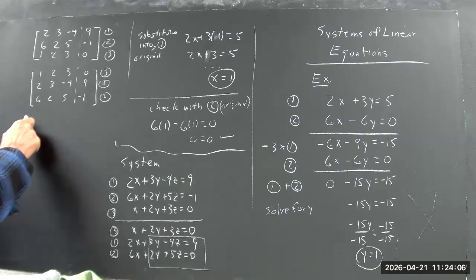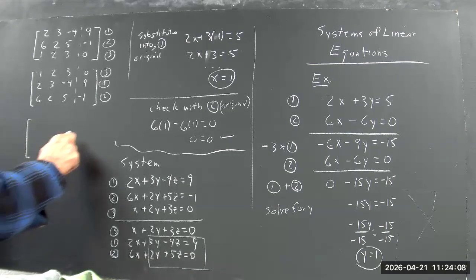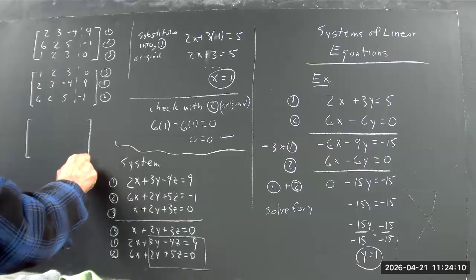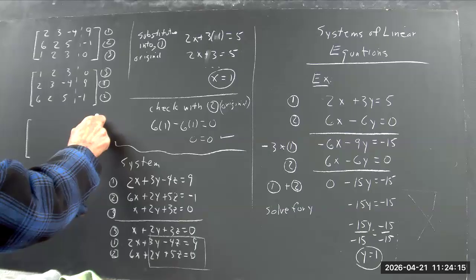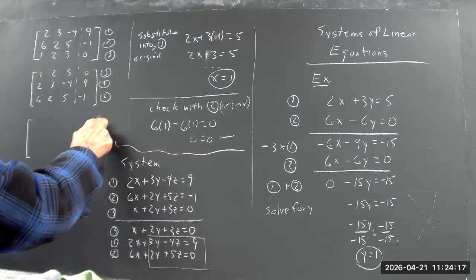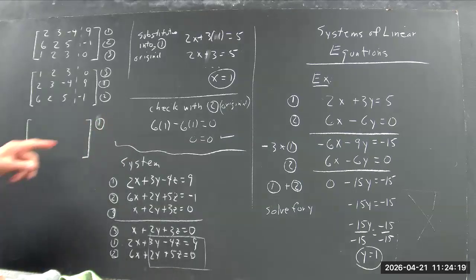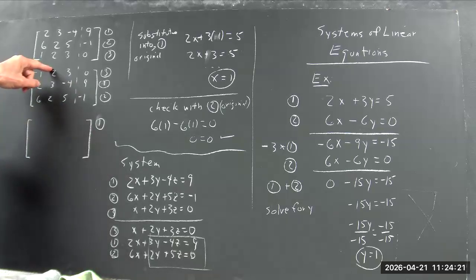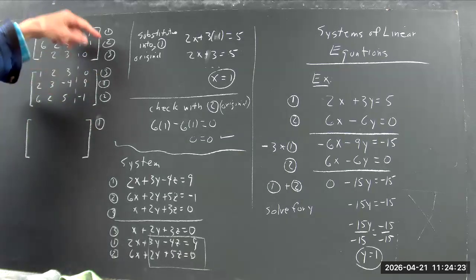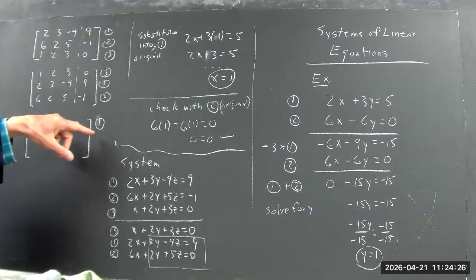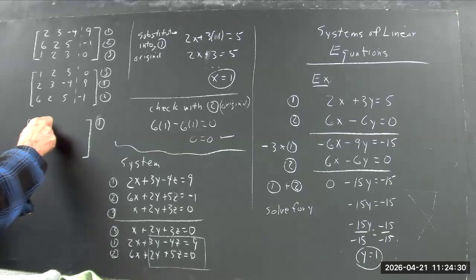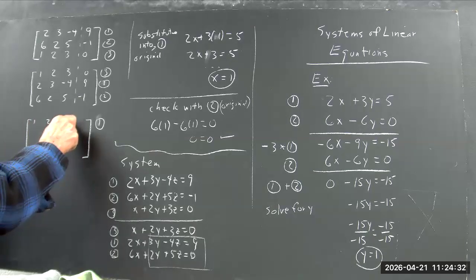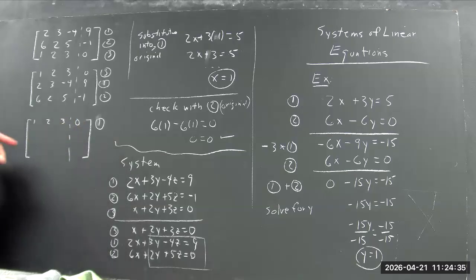Then I'm going to do row 1 of the previous matrix, which was row 3 of my original, but I'll ignore that now. Row 1 of this matrix is just not going to be changed, still 1, 2, 3, 0.